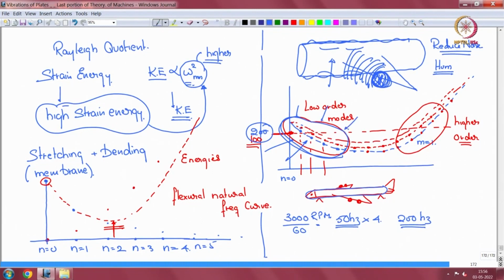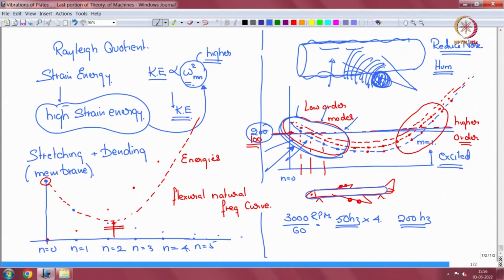But because the frequency is the same for the higher order modes also, when I try to reduce these lower order modes, these higher order modes will get excited more. You do not get a double benefit.